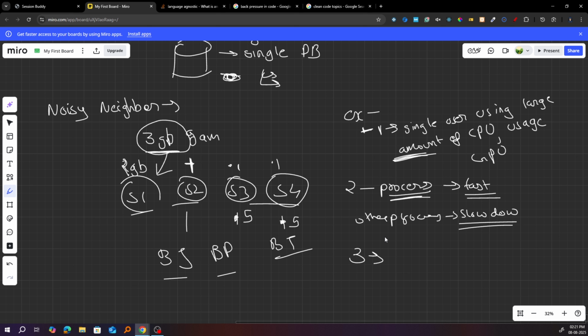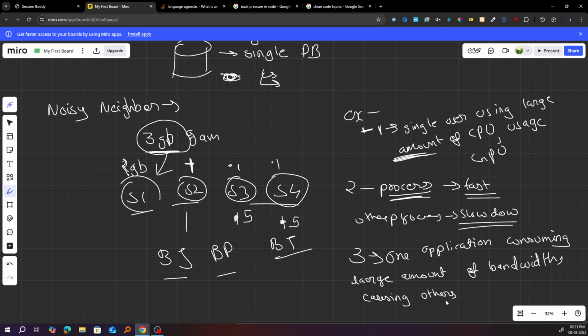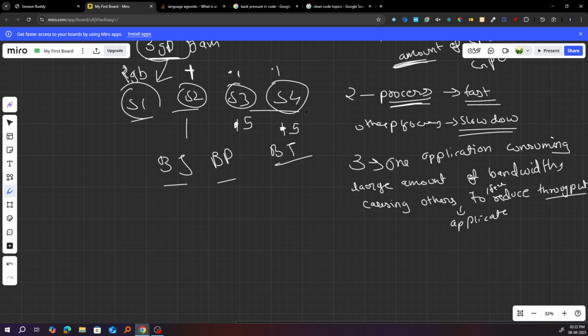If one application is consuming a large amount of network bandwidth, it can result in other applications facing reduced throughput, right? So that can be one example of a noisy neighbor.